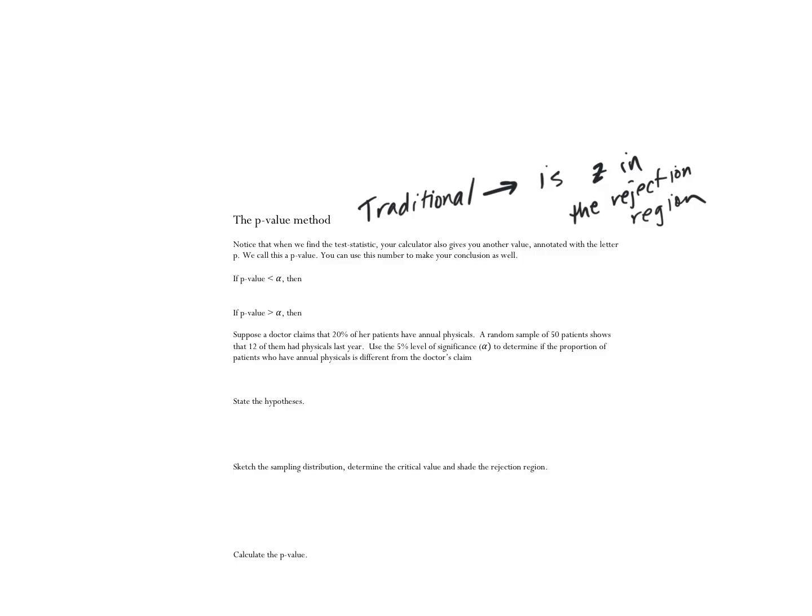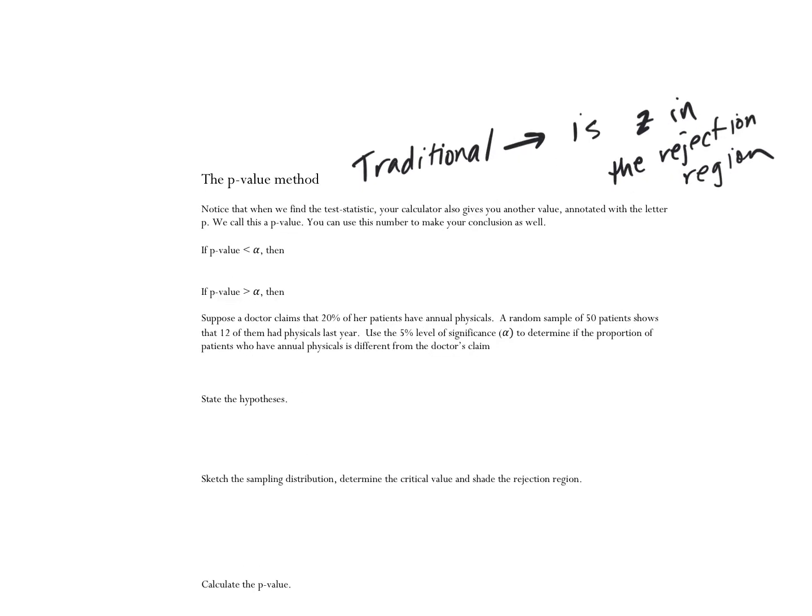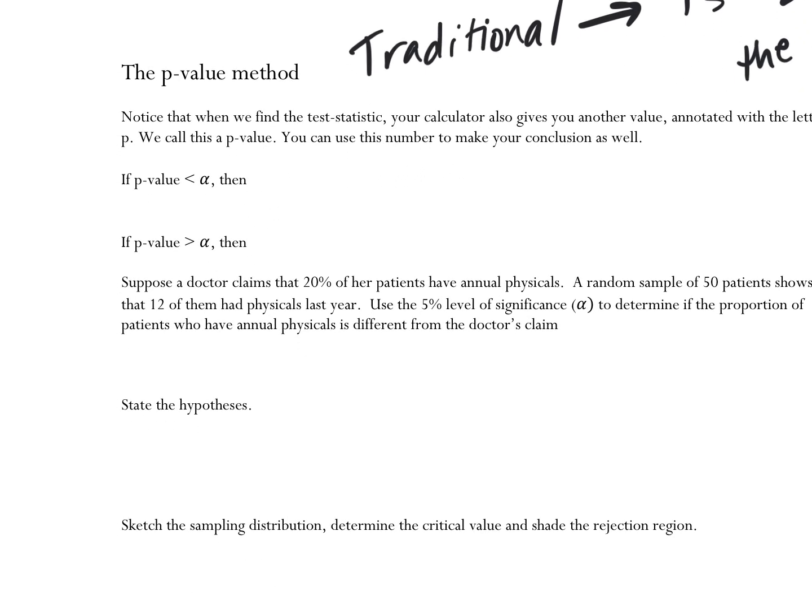When we do the p-value method, what we ask is if our p-value is small or if our p-value is big. And our level of significance is our boundary of what is a small p-value versus a large p-value. And if my p-value is less than my alpha, that's when I reject. And if the p-value is greater than alpha, we fail to reject.